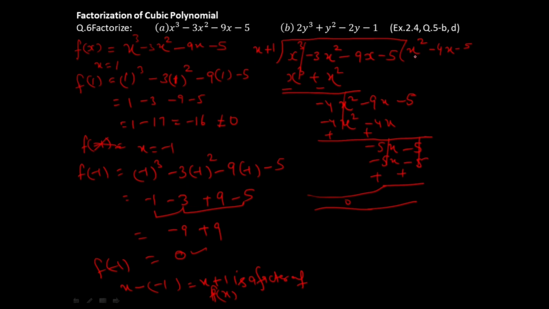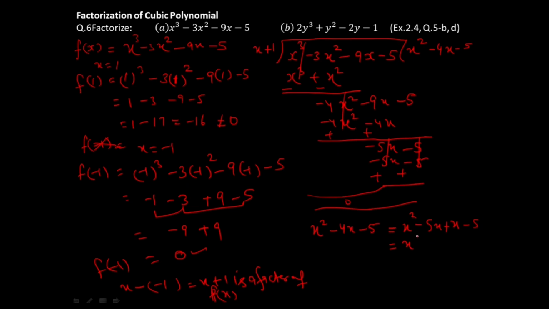Still we have to go a little more. Now whatever is this quotient, that is x square minus 4x minus 5, factorize this. This is a quadratic polynomial, and I taught you just how to factorize it. Sum should be minus 4 and the product should be 1 times minus 5, means minus 5. So the two numbers will be minus 5 and plus 1, because the sum of minus 5 and 1 is minus 4 and the product of these two is minus 5.